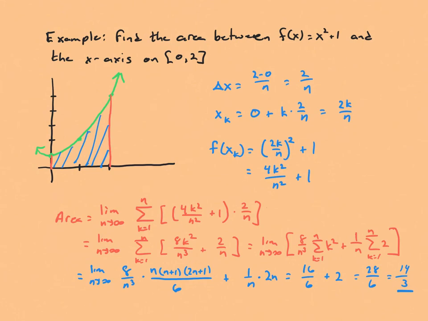Now, we're taking the limit as n goes to infinity. I skipped some steps here, but when you look at this piece right here, the first thing I want you to notice is if I multiply these three things out, that's going to end up being a 2n cubed. If I multiply that by 8, it's going to be a 16n cubed. And when I multiply these two together, I have an n cubed there.